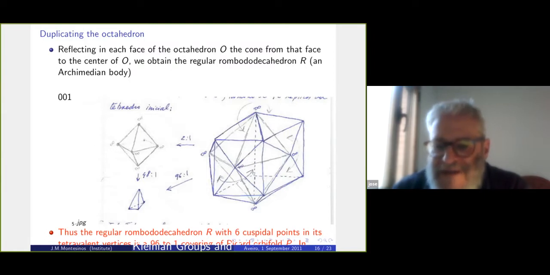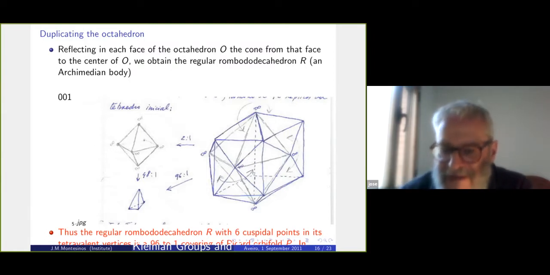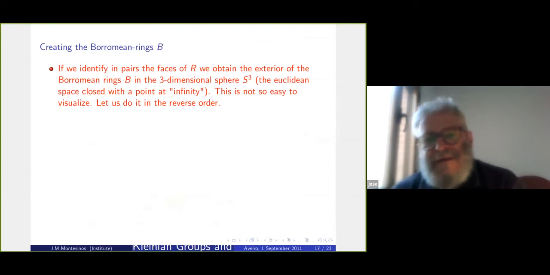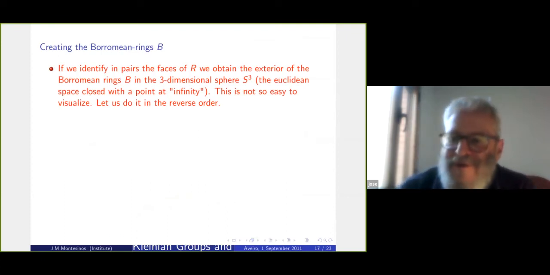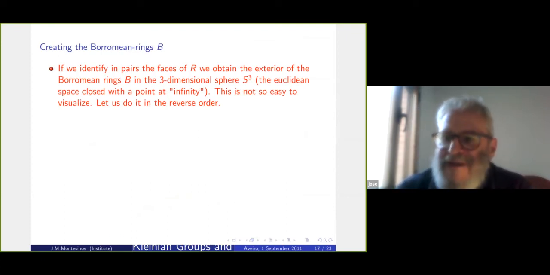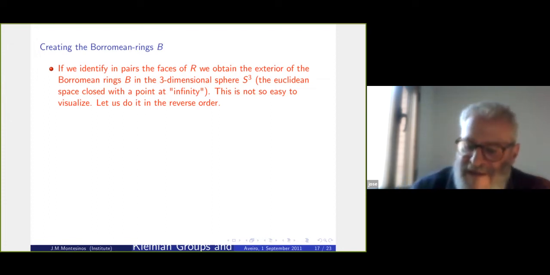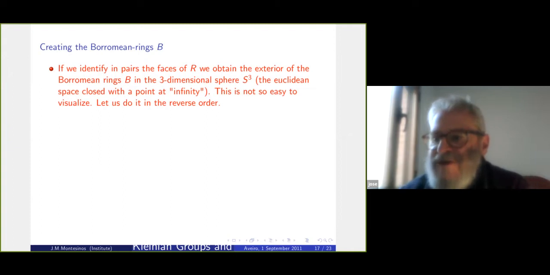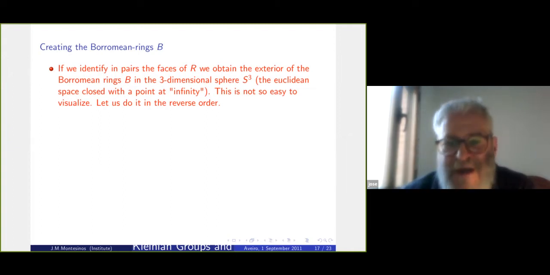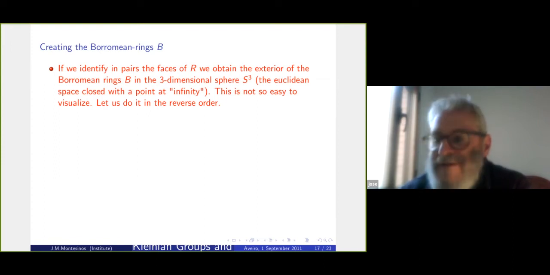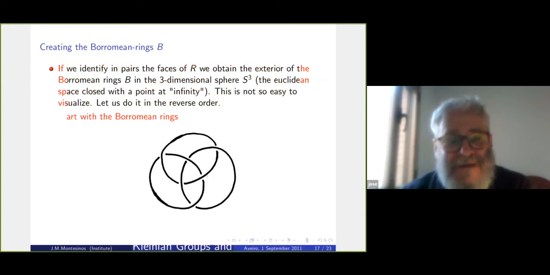If you make this identification, we get the exterior of the Borromean rings in the 3-dimensional sphere. This is slightly difficult to see, but let's do this in the reverse order, and you will see that in fact it's true. I learned this in a talk by Thurston in Princeton many years ago.